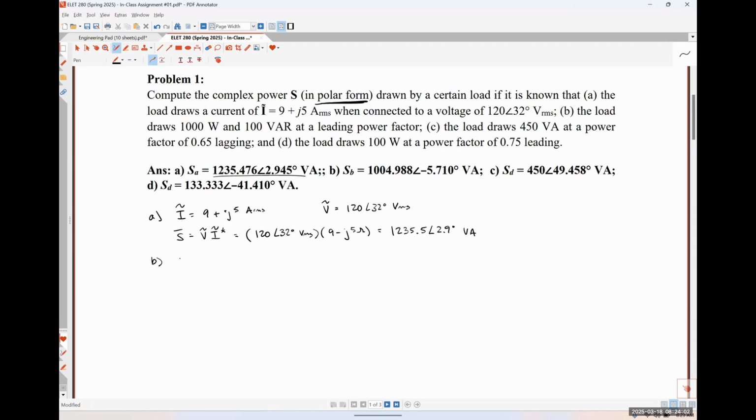So we are told that our average power is 1000 watts. And then we have a reactive power of 100 VAR. And I know that it's the reactive power because the units are volt amperes reactive. What's the symbol for reactive power again?